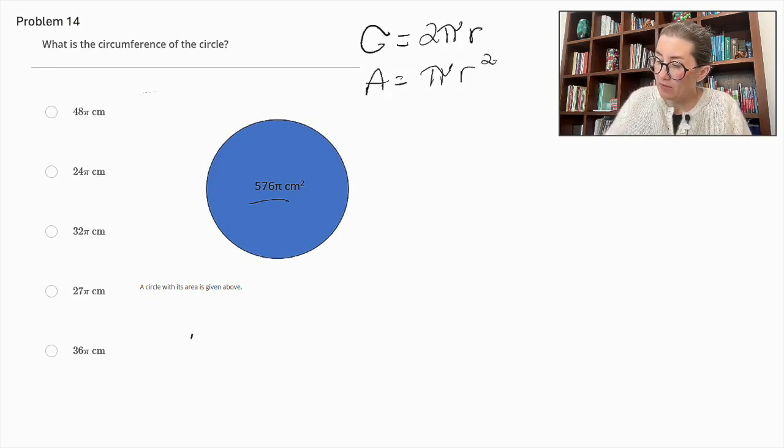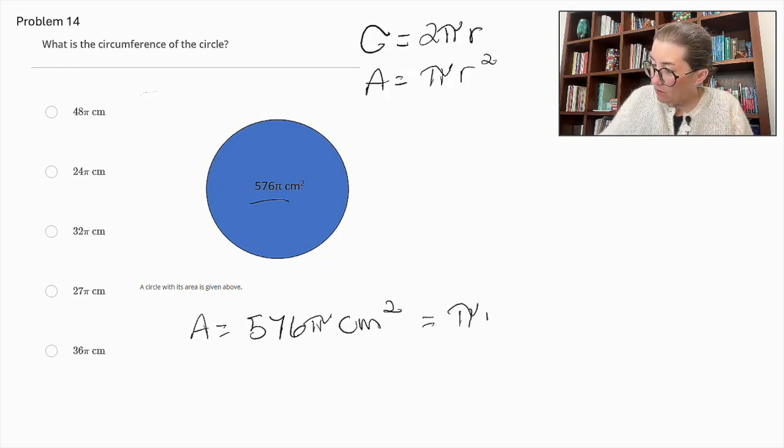The area is equal to 576 pi centimeters squared, which is equal to pi r squared.